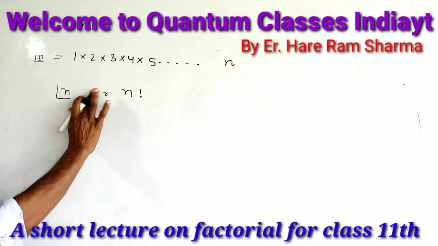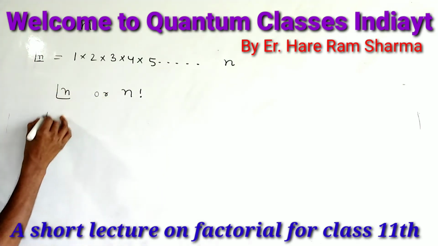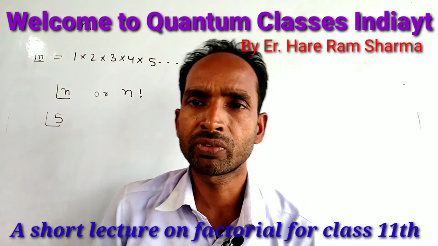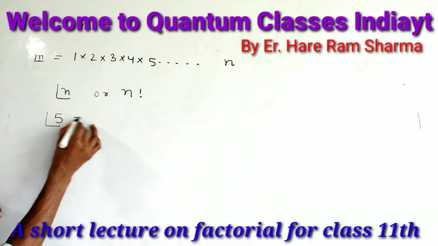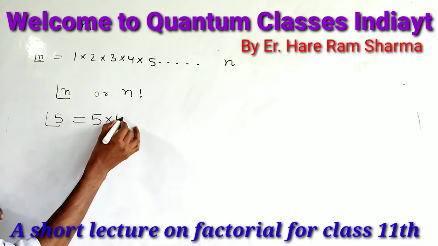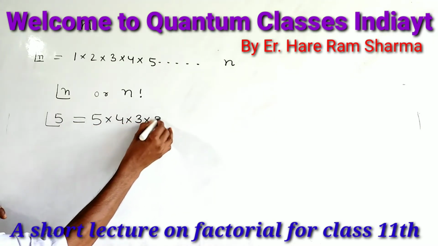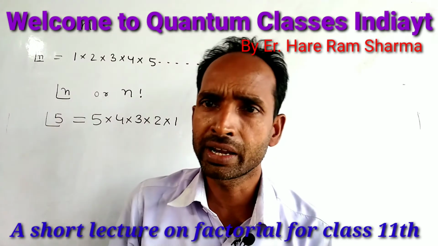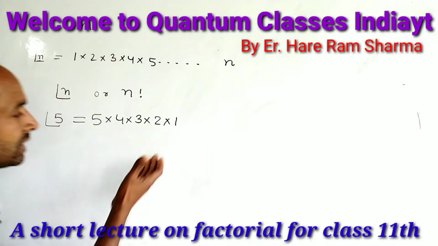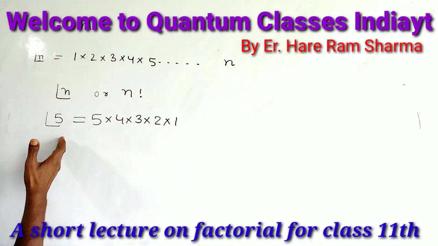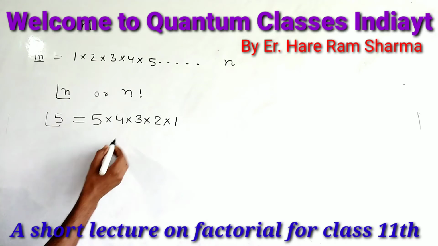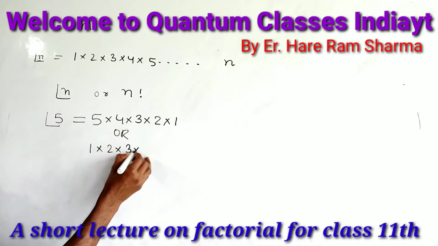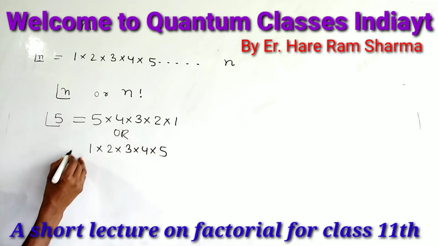So if we have to find the value of factorial 5, then we can write 5 into 4 into 3 into 2 into 1. The number can start either from the ending term or from 1 up to the last term. We can also write this as 1 into 2 into 3 into 4 into 5.